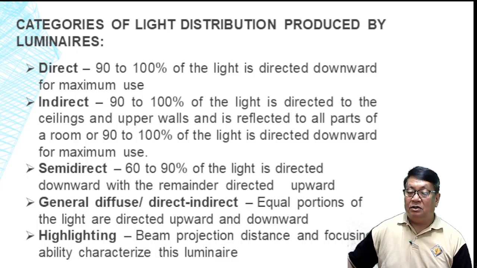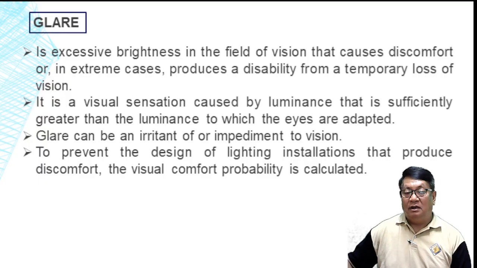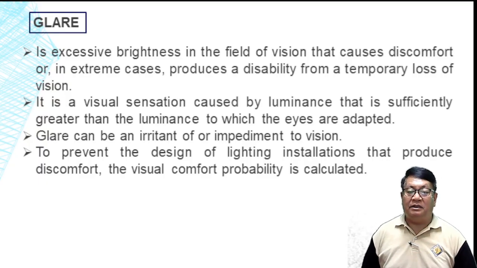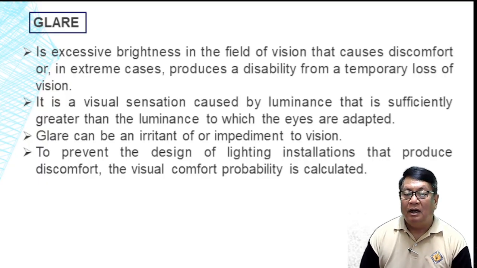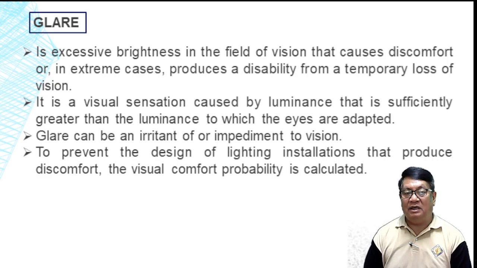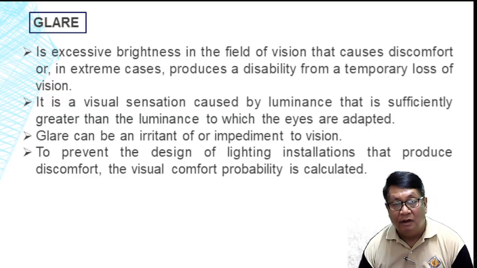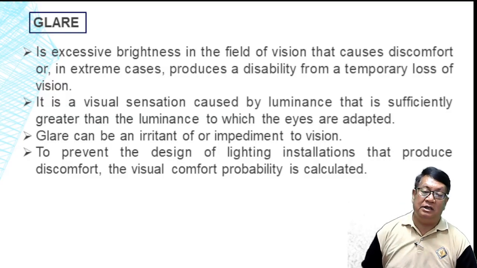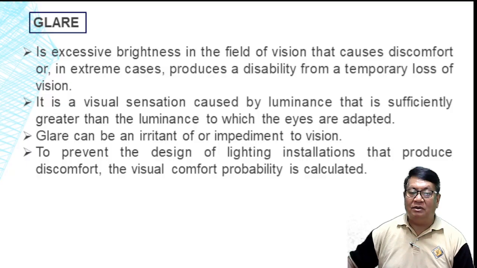So we have here glare. It is excessive brightness in the field of vision that causes discomfort or, in extreme cases, produces disability from a temporary loss of vision. That is all about glare.